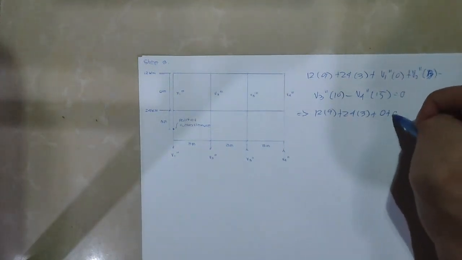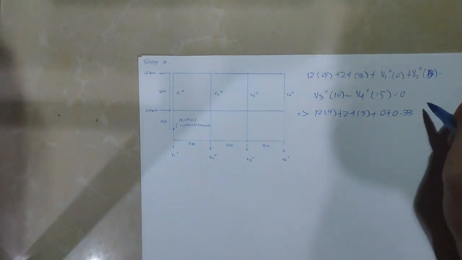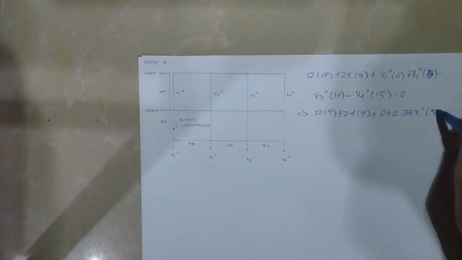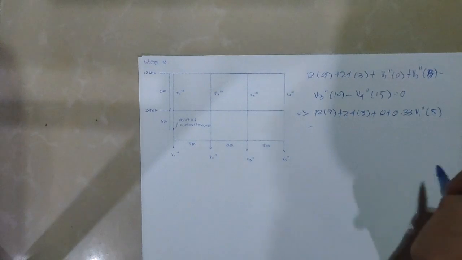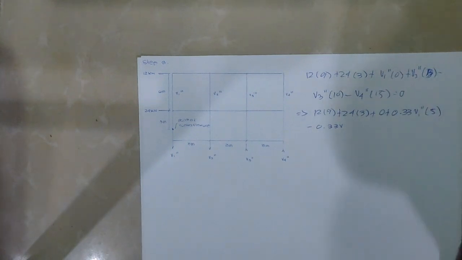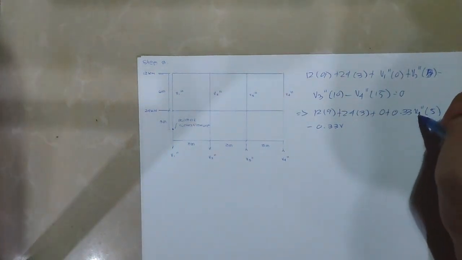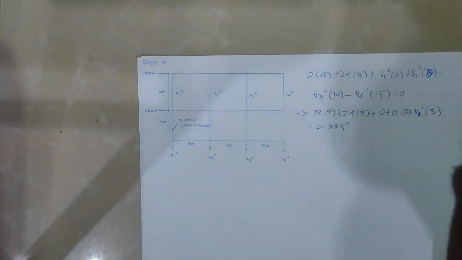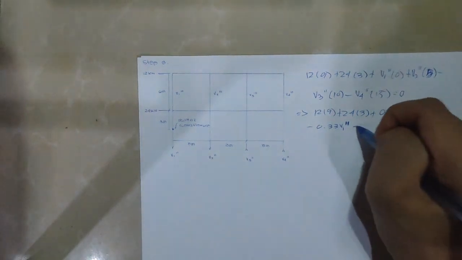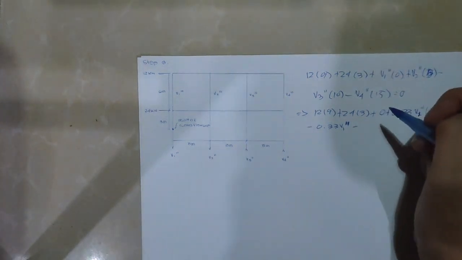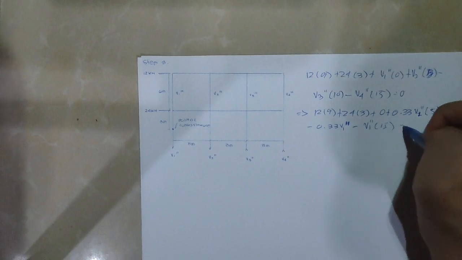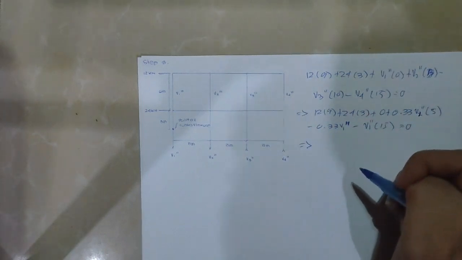V2 is 0.33 V1 double dash times 5, minus V3, which is also 0. V2 is V1, I'm sorry, V1 double dash of the second floor, then minus V4, which is V1 double dash times 15, equals 0. So input in the calculator.